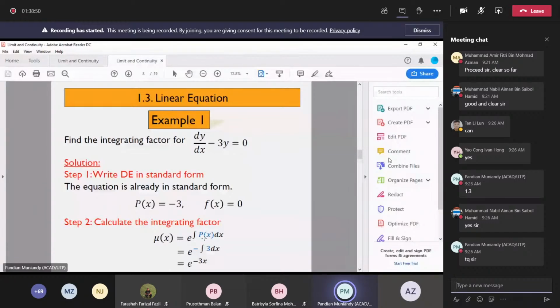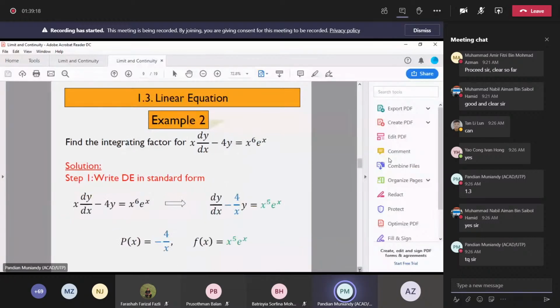P(x) is minus 3 because the standard form is plus P(x) y. Y is power 1, and this is dy/dx, first order. Your f(x) is 0, that is okay. So e to the power integral of minus 3 dx. Take out the minus 3. The integral of dx is x.